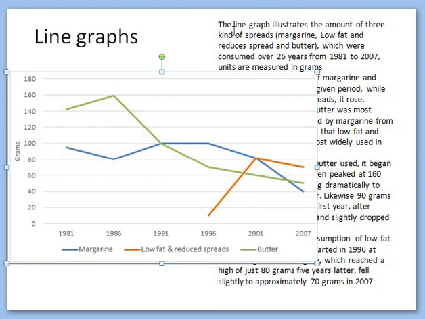The line graph illustrates the amount of three kinds of spread: margarine, low fat and reduced spread, and butter, which were consumed over 26 years from 1981 to 2007. The units are measured in grams.